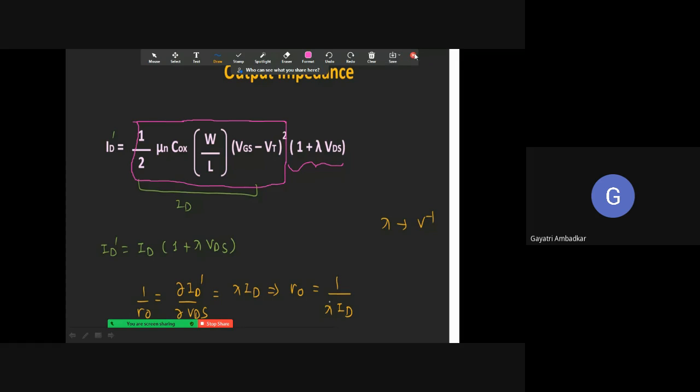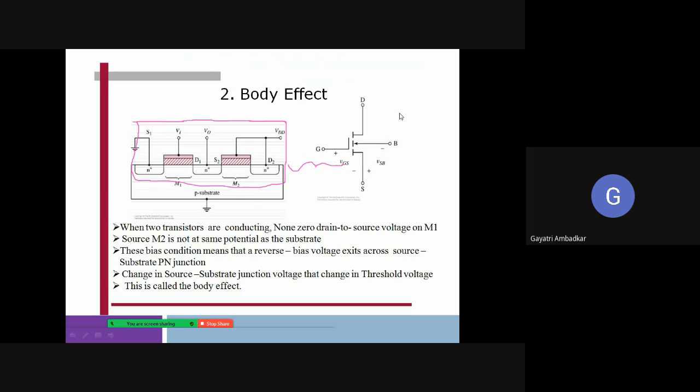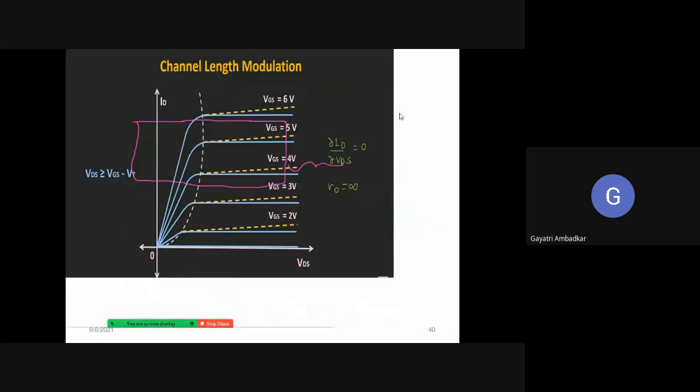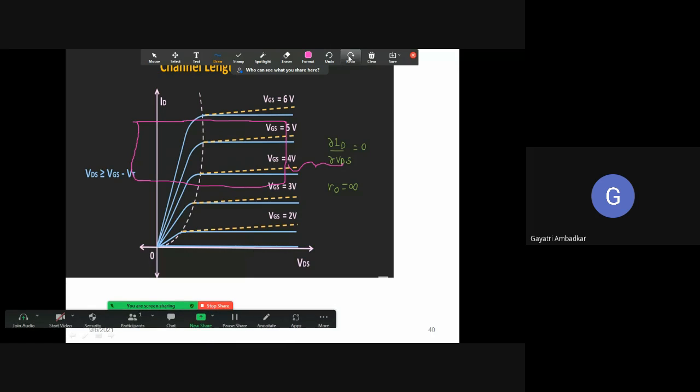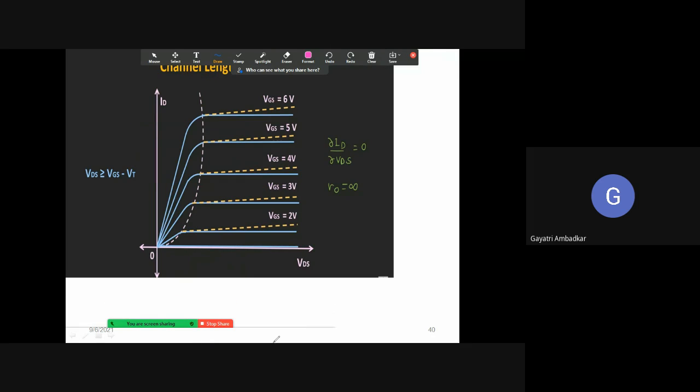Now I'll show you where this is. Look at this figure now. Whatever we say about the MOSFET characteristic, the drain current is constant in saturation. So practically it is not constant, but it has some slope, and this arises due to channel length modulation.